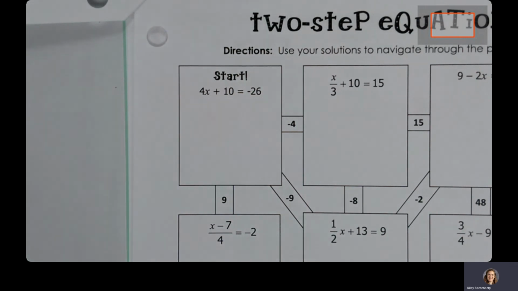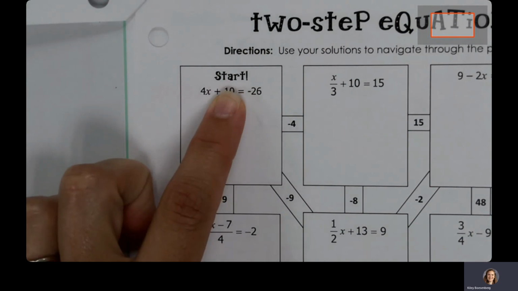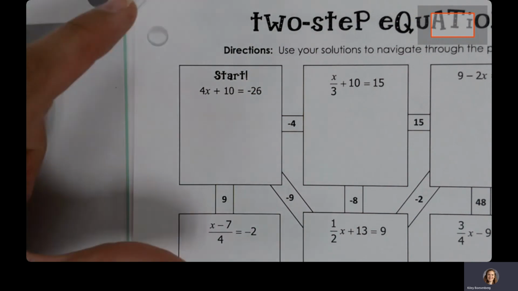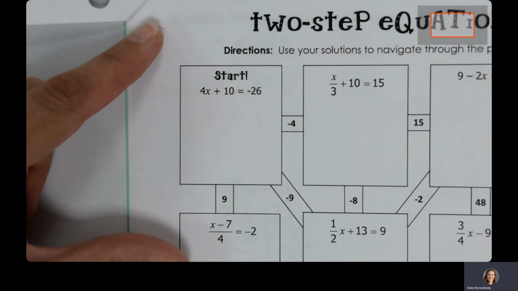We'll fill in some of the gaps for sure. If there are some problems that you don't know how to do, that's fine. Make sure you grab out this homework assignment. If you need to pause to get out your assignment, you can do that. You start at this box here on the maze, and you're going to do this first problem.